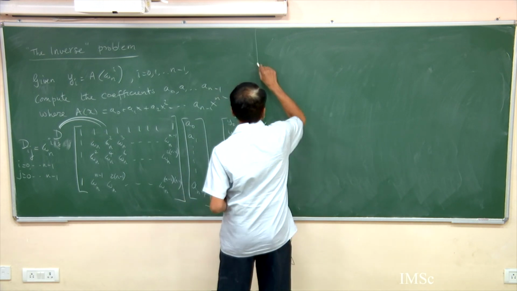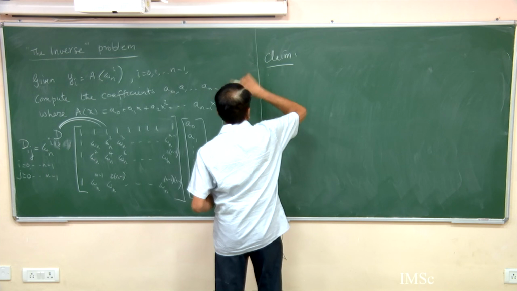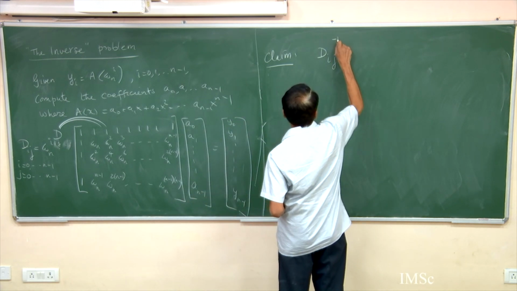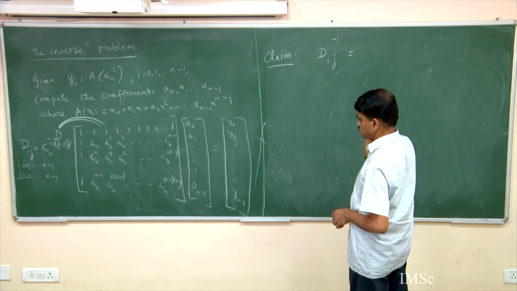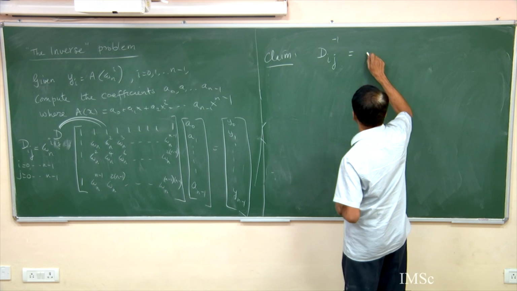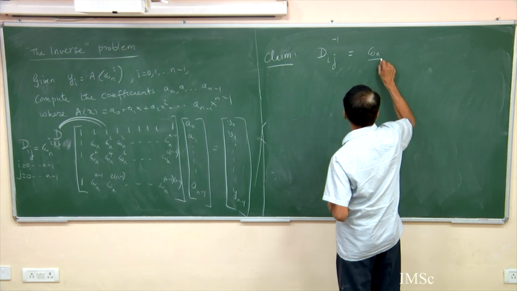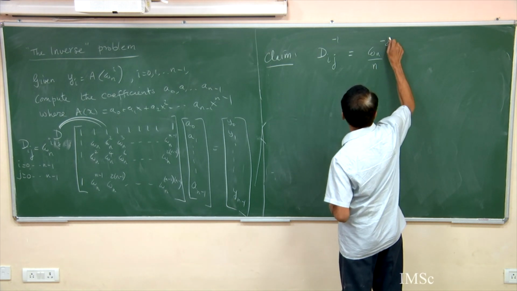So the claim is that D_ij inverse is ω_n^(-j·i).